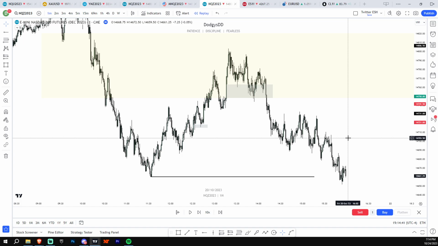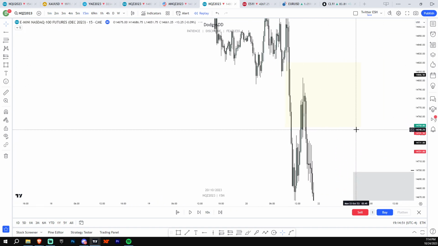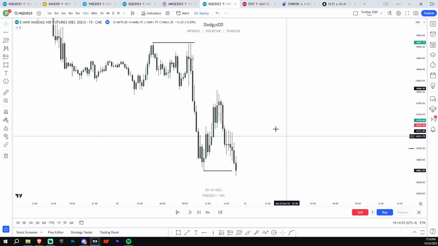All right, so today's video, we will be going over inversions that have taken internal liquidity. Some people always ask me about these: what if there's an inversion and it looks good, but it has taken internal liquidity?